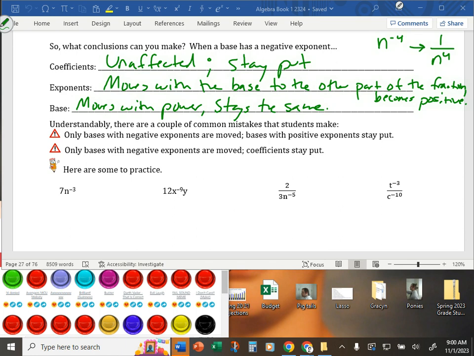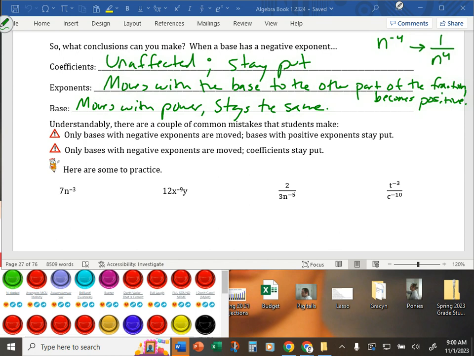Let's look at the first row of examples here. 7n to the -3rd. We see that -3 as a power, which means the n is in the wrong part of the fraction. That's all the negative power means. It just means that we need to move it. And right now, what part of the fraction is it in? In the numerator. So we're going to move it to the denominator. Does the 7 go with it?